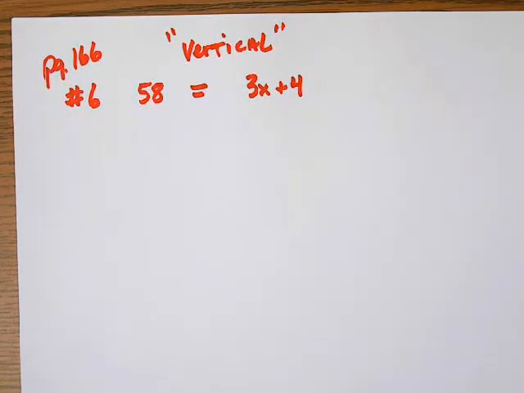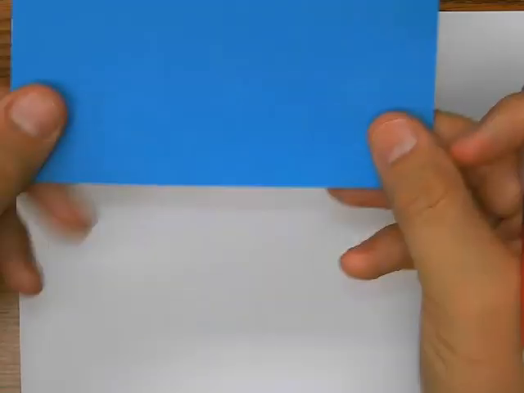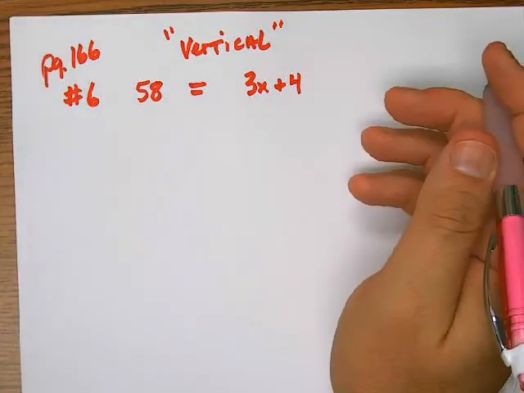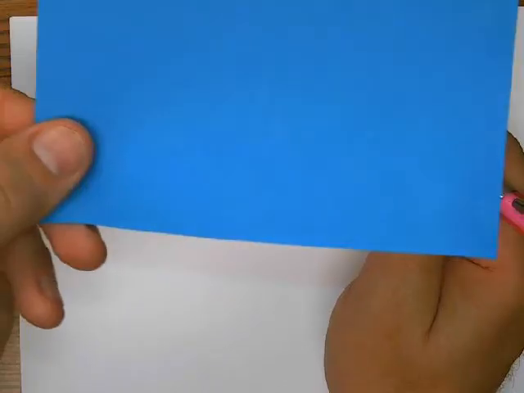Is that right, Bo? Yes. 3x plus 4. So they're related because they're equal. All right, go ahead at your seat and solve for x.